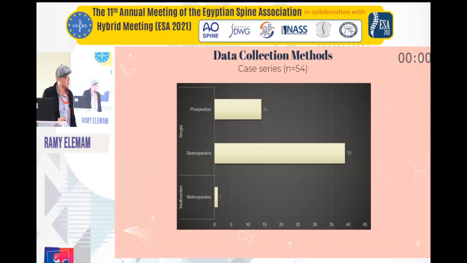And this is a quick bar chart that shows that most of the studies were from a single center. Only one study was multi-centered and was retrospective in nature, while for the single-centered studies, most of them were retrospective, with 39 publications.